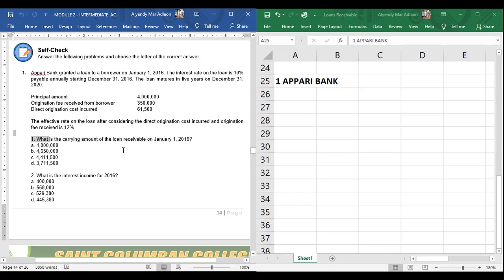So, first, what is the carrying amount of the loan receivable on January 1, 2016? Simple. Just determine the principal amount and then deduct the unearned interest income. So, how are we going to compute the unearned interest income? Diba? That would be origination fee and the direct origination cost. Therefore, how are we going to answer this one?